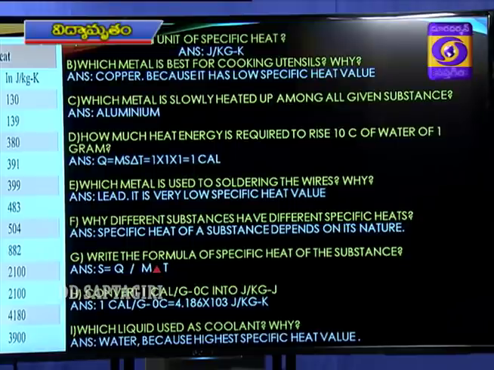That means copper has a low specific heat value, and compared to that, lead also has a very low specific heat value. Why do different substances have different specific heats? Already I told, specific heat depends upon the nature of the substance and the distribution of energy. The amount of heat given by us will be distributed.